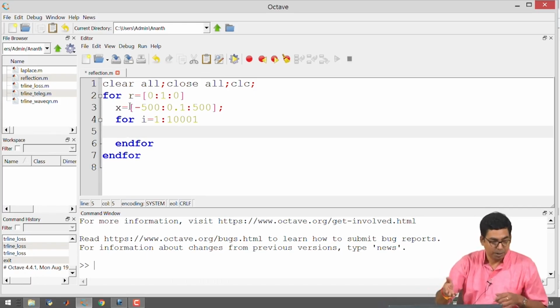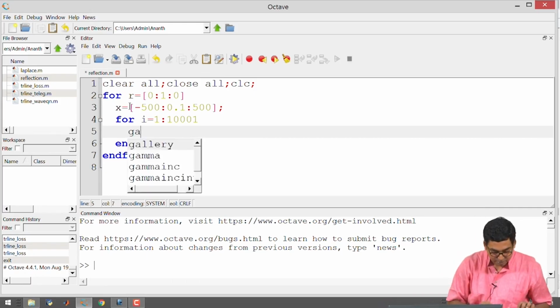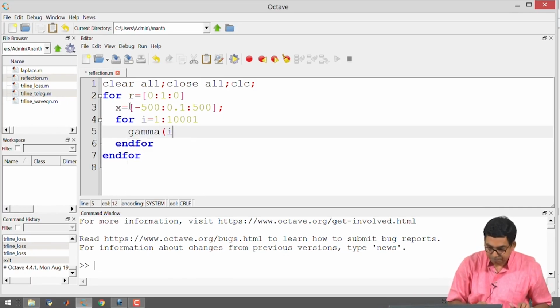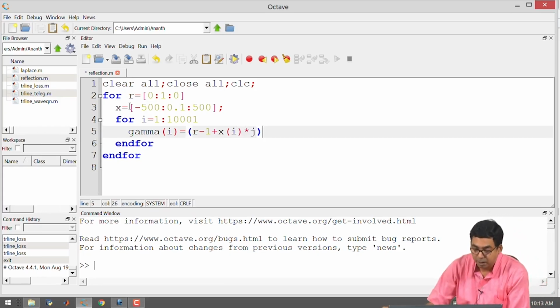So, I am just going to use the formula that we had. I am going to build a gamma vector equal to R, let me explain this in a second.